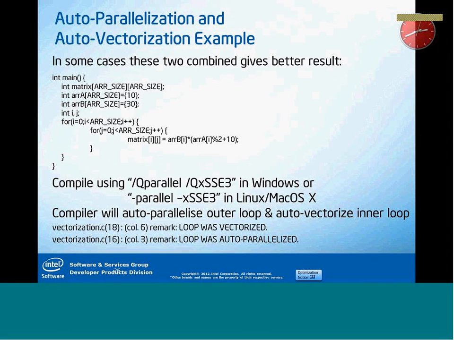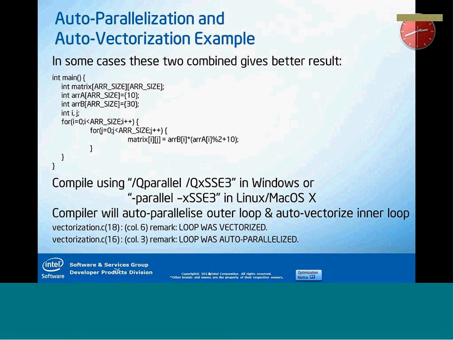Here's an example where I can combine automatic parallelization and automatic vectorization. When I use -parallel and -xSSE3, for example, and it would be -xAVX for the current processor, this is a bit of a dated slide, as I can see, the loop will get vectorized. You can see in the vectorization report that I generated, the second last line on the slide says the loop was vectorized.